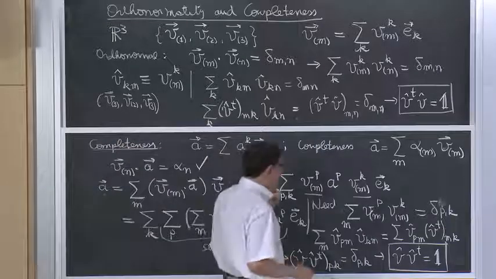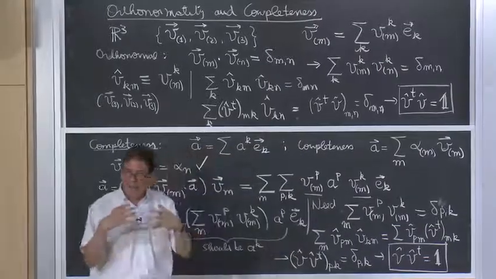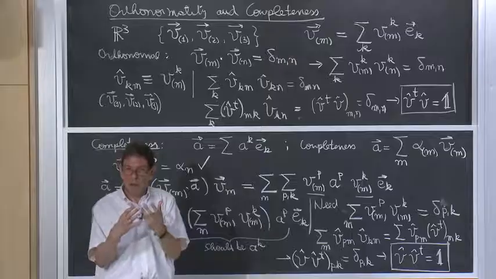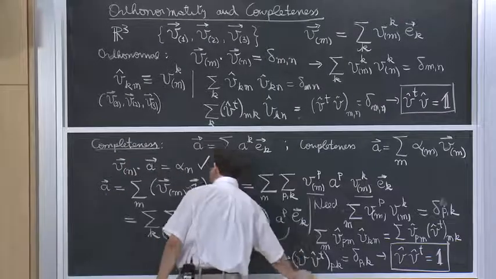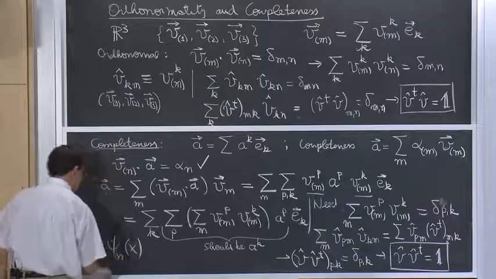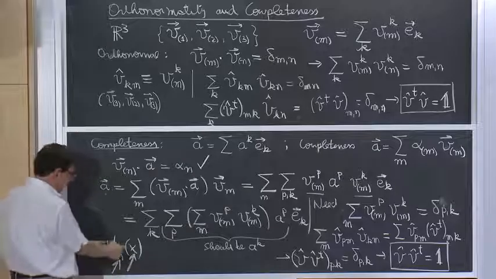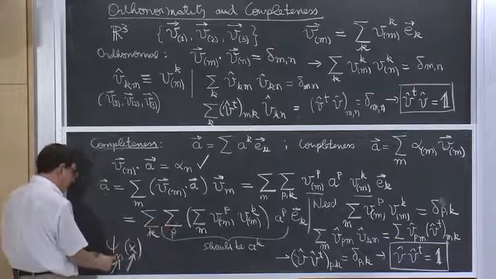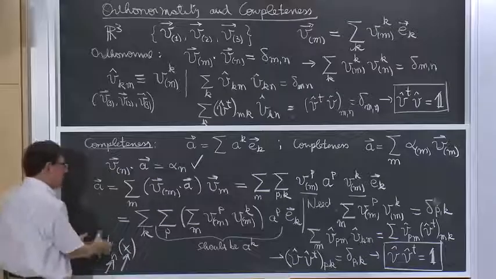This is a lot more non-trivial in infinite dimensional spaces, and that was the case for the functions we were considering, where we did our whole analysis for the psi_n of x's, and one label was n, one label was x. So x can run over continuous values, n runs over infinite values, so that's infinite dimensional spaces.